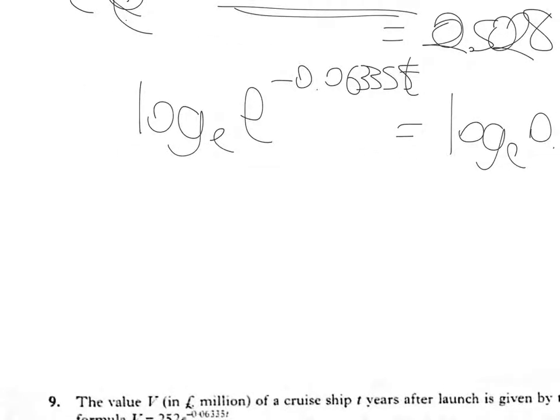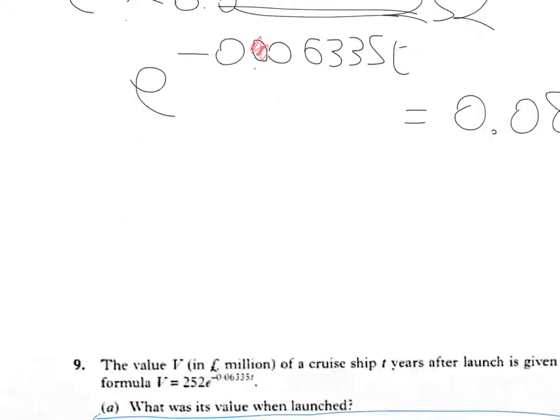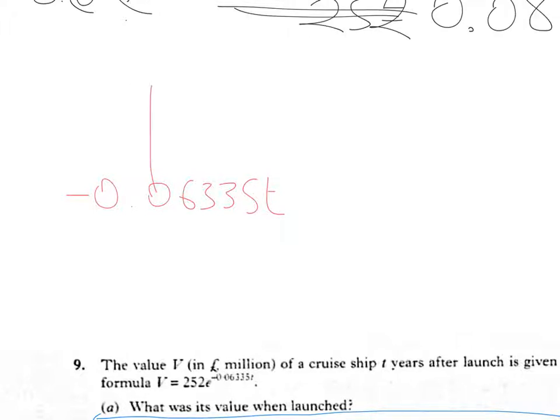I'm then going to use law 3 and bring that down, so it's going to be minus 0.06335 t log to the base e of e is equal to log to the base e of 0.08.